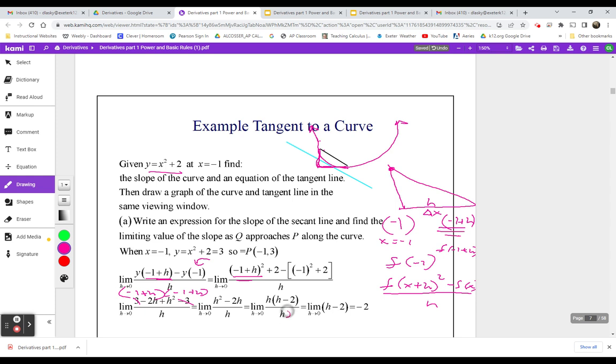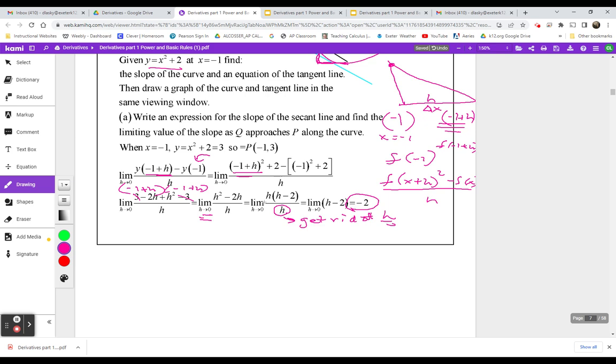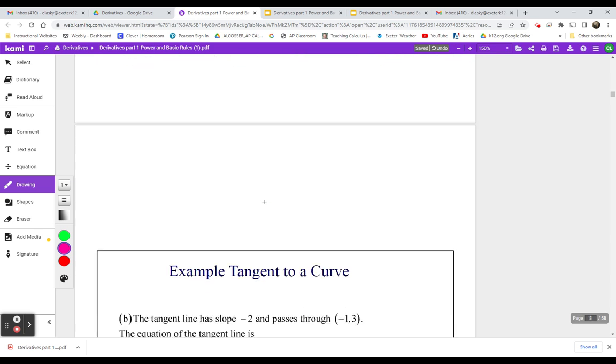And so the whole goal is to get rid of that h, so that way we can plug 0 in to get an answer. So the limit as h approaches 0 of this particular piece is -2, okay? So that's the slope at that particular point.